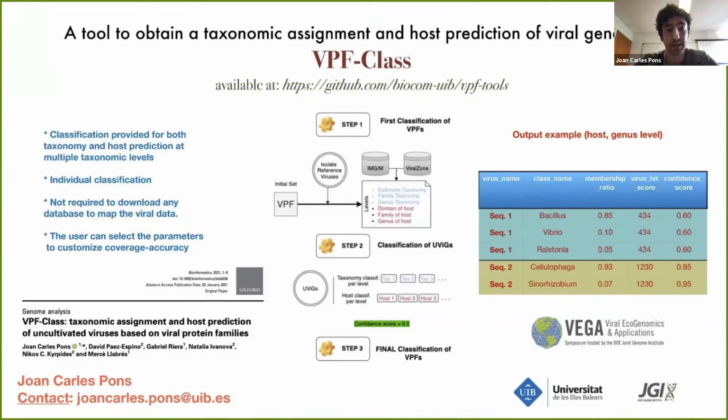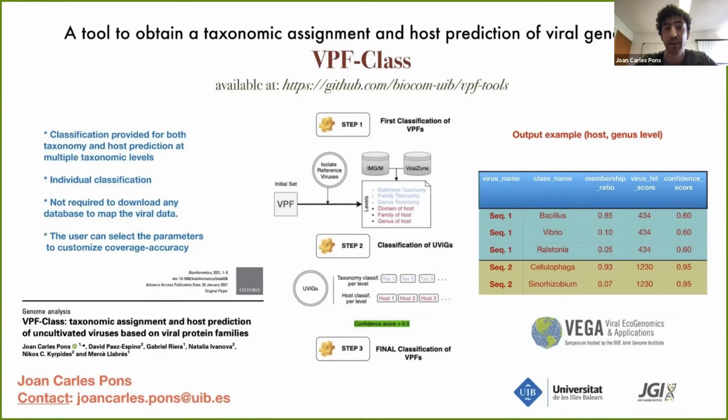And the user can select the parameters to customize the coverage and accuracy of the input set. This tool is published in Bioinformatics, and it is based on the classification of a set of viral protein families.